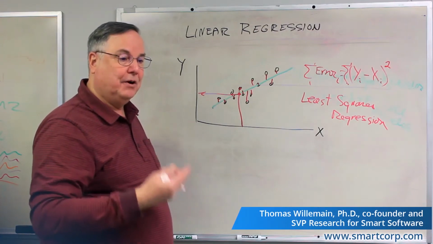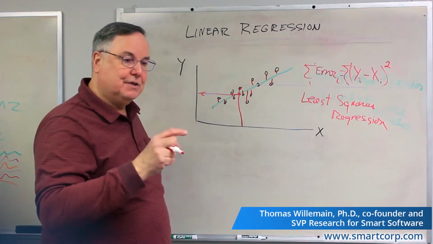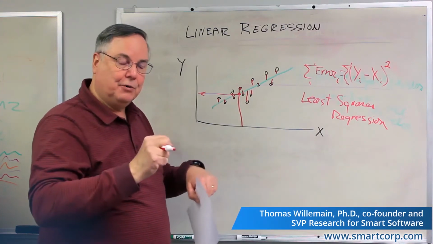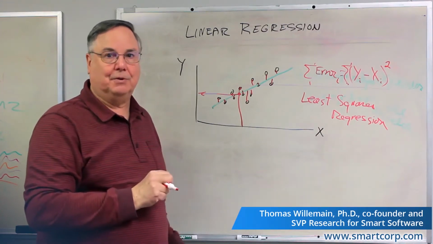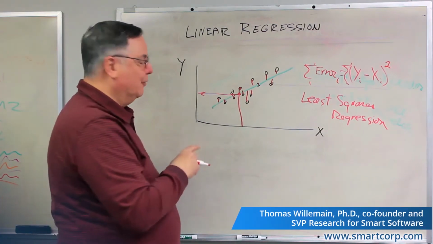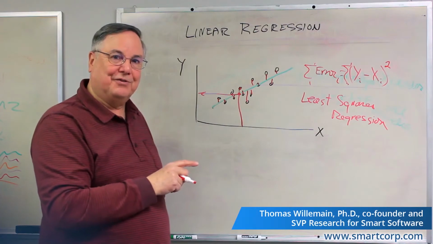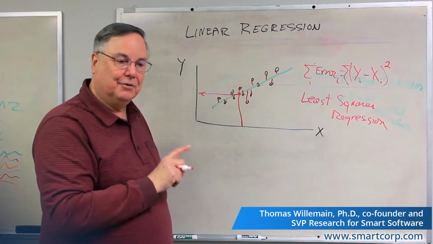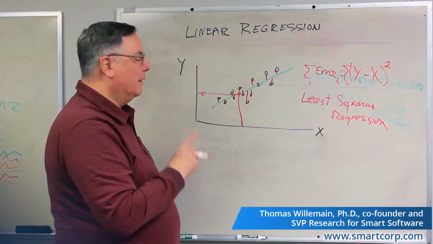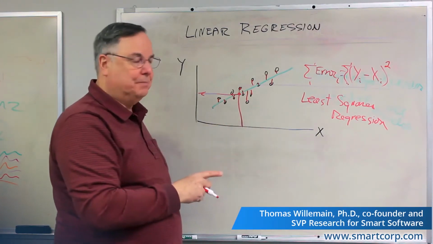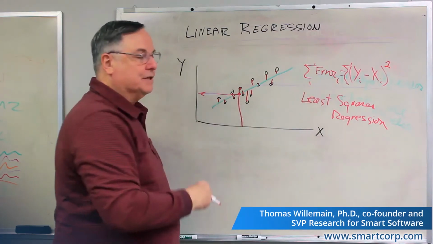We find the sum of squared errors, and we minimize that by jiggling the intercept and slope until we get as small a number as possible. Now, we don't actually jiggle it. Those of you who remember your calculus class, you can use calculus, and particularly derivatives, to write an equation or a set of equations for what the intercept and slope should be to make this quantity as small as possible.